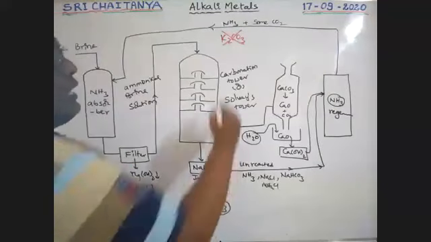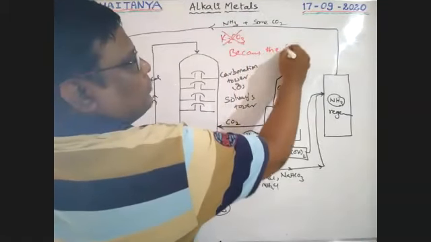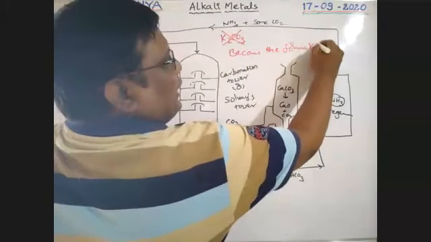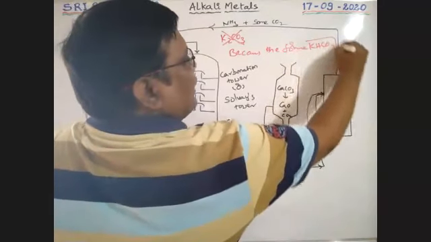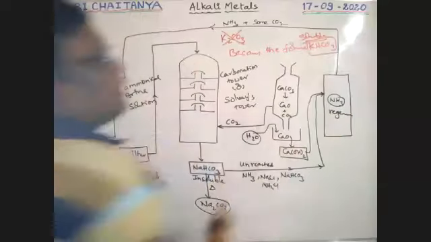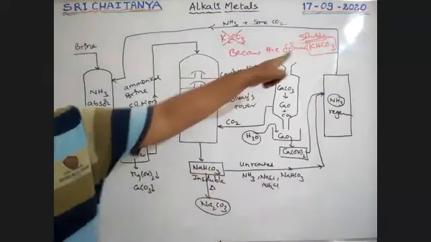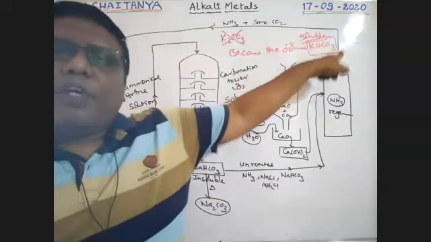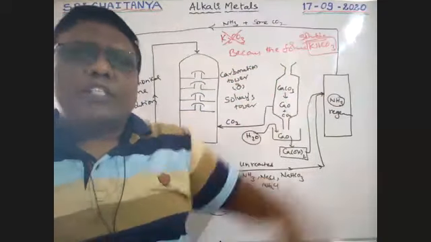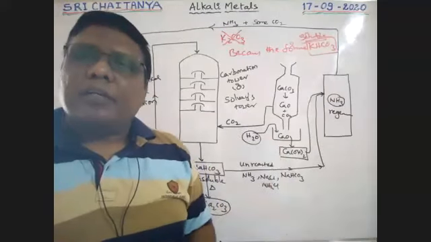Because the KHCO3 formed, potassium bicarbonate, is soluble in water. Here NaHCO3 is insoluble, but KHCO3 is soluble, so it is not easy to separate. That is why K2CO3 is not prepared by Solvay's process.